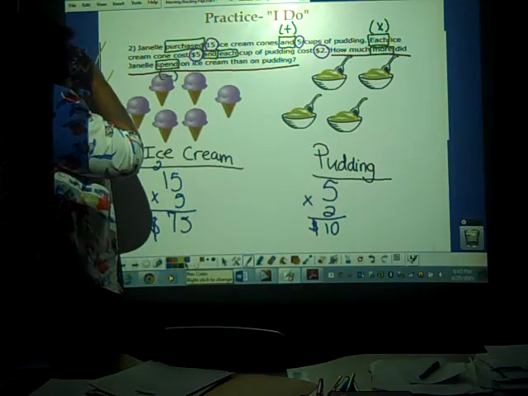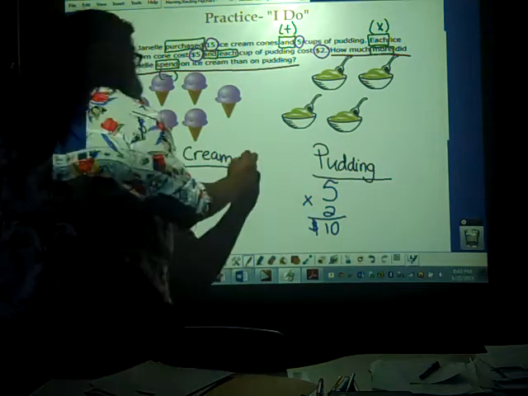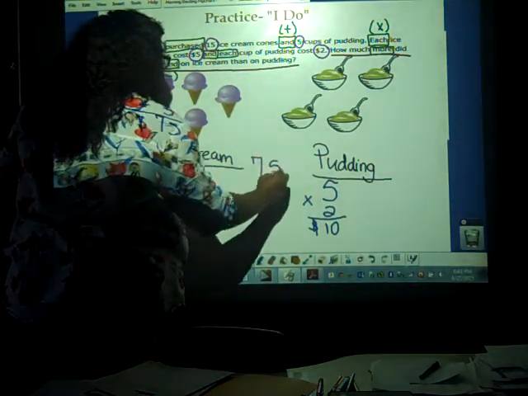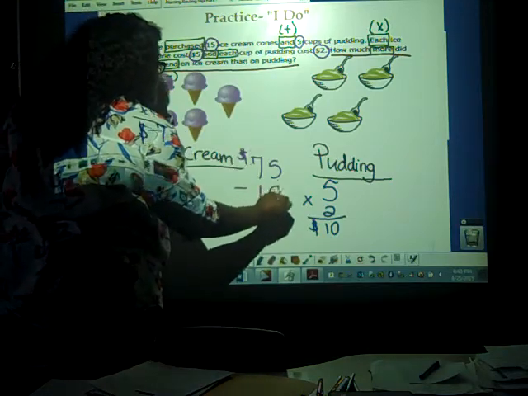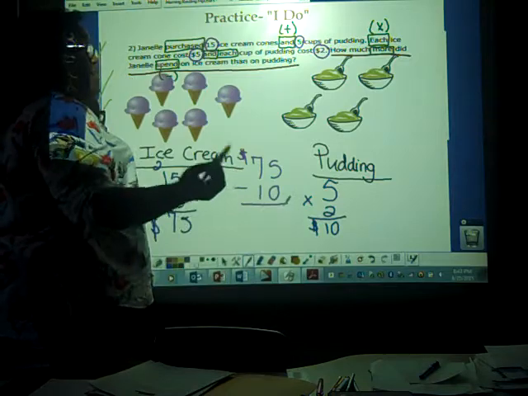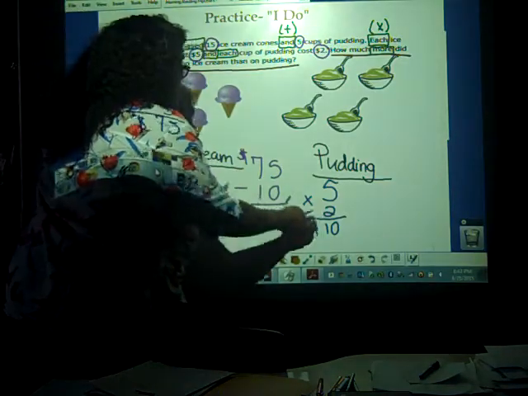That put me in the mind frame of wanting to do subtraction. She had $75 that she spent on ice cream, but she only spent $10 on pudding. They want to know how much more money she spent on ice cream than on pudding.